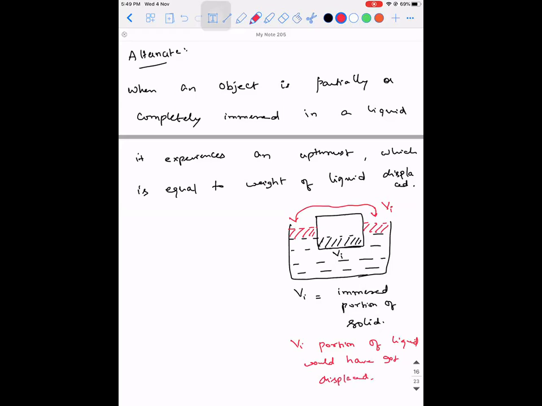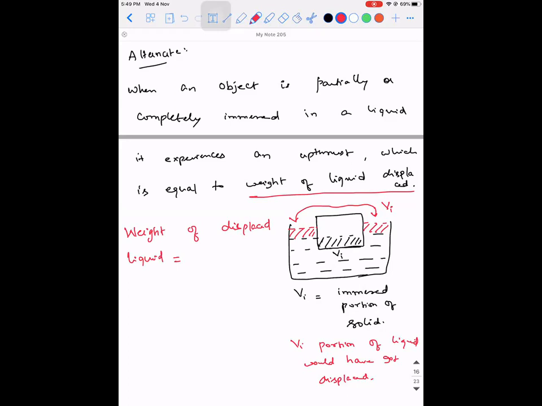Right. So if I calculate the weight of displaced liquid, which is what they say is equal to the weight of the liquid displaced, what is the weight of the displaced liquid? See, weight has only one formula.